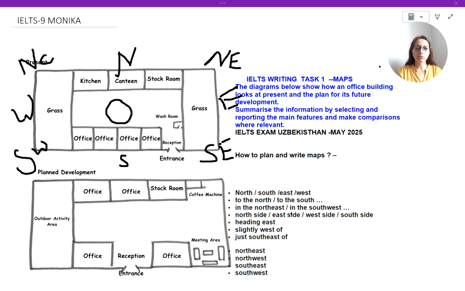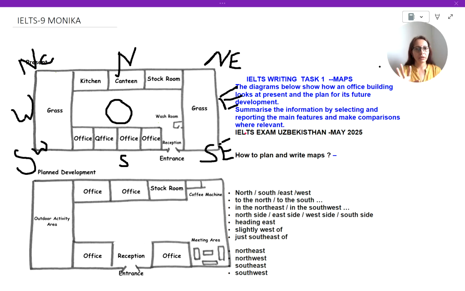So in the northeast, in the southwest, heading east, here slightly west, and just southeast, you can say just southeast, this area. So I mean to say, use these directional words in giving a response to IELTS writing task one. Of course, in listening, you don't need to give this kind of answer.